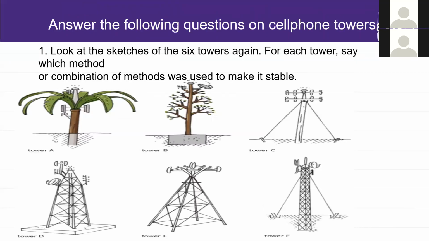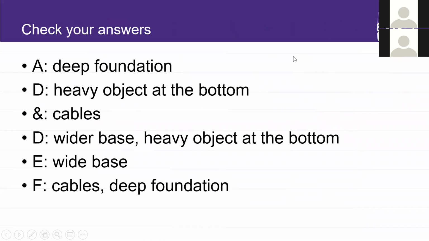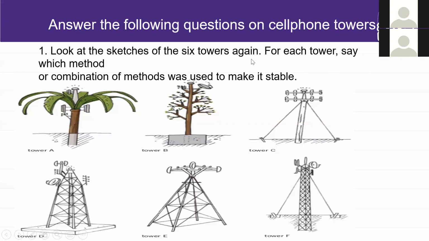Now, answer the following questions on cell phone towers. Look at the sketches of the 6 towers again. For each tower, say which method or combination of methods was used to make it stable.